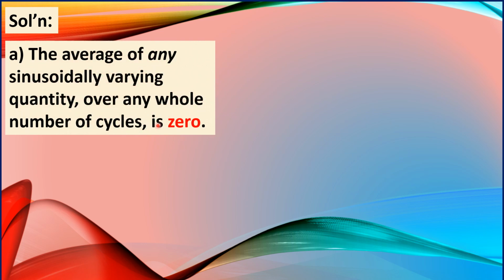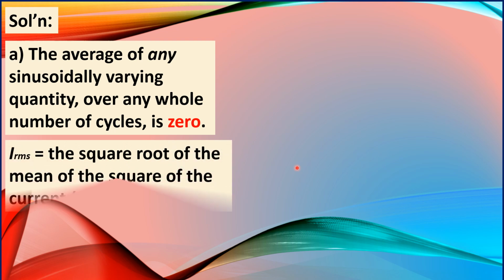So here are our solutions and answers. For the first question, the average of any sinusoidally varying quantity over any whole number of cycles is, of course, equal to 0.